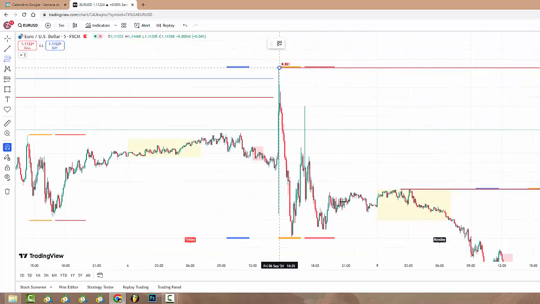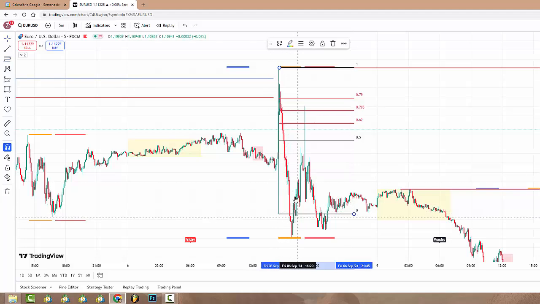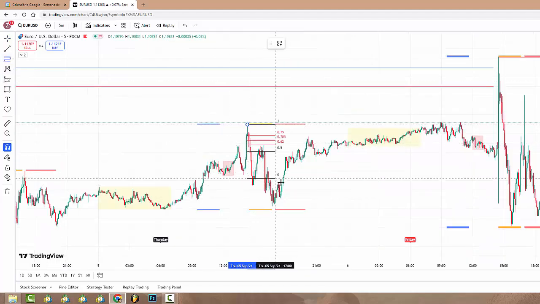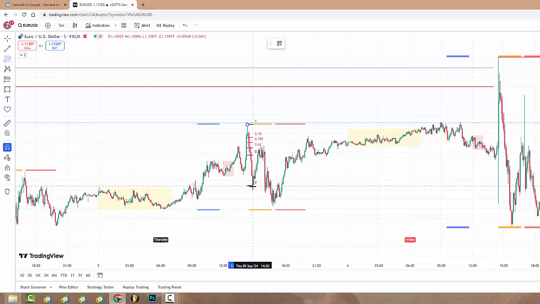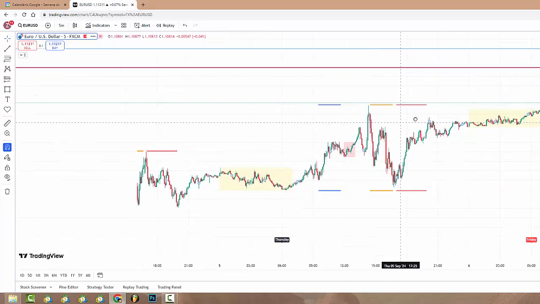If we come here, from this high to this low, price came to the area of the OTE and dropped. From this high to this low, price came to the OTE, just wicked and dropped. So this is the mathematical sense around it.